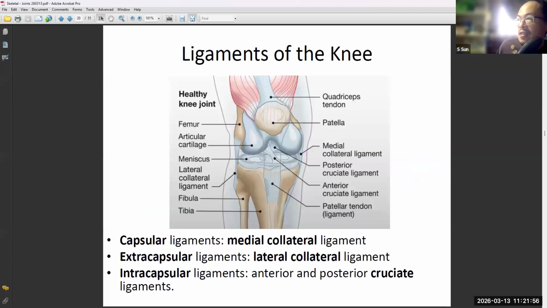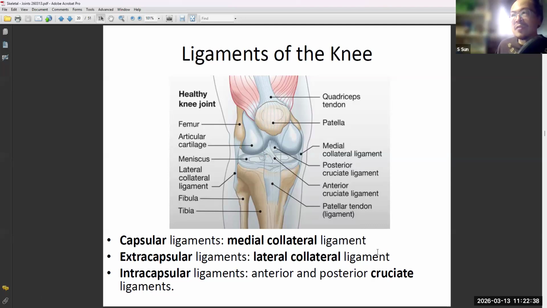So part of the capsule includes the medial collateral ligament, right here. The one that's inside is right here, the anterior cruciate and posterior cruciate. That's the intracapsular. And the extracapsular is this lateral one right here, lateral collateral ligament. Yeah. So that's the ligament.